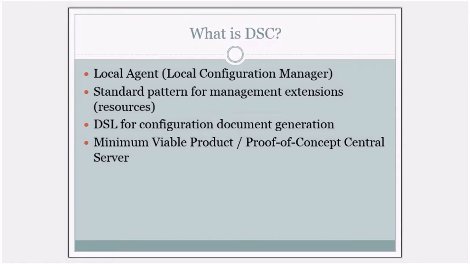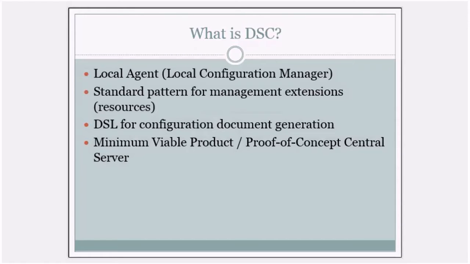There's a couple main components. The first is the local configuration manager. That's the local agent on the box that actually does all of the processing of the configuration documents and coordinating the execution of the resources that actually do the work.